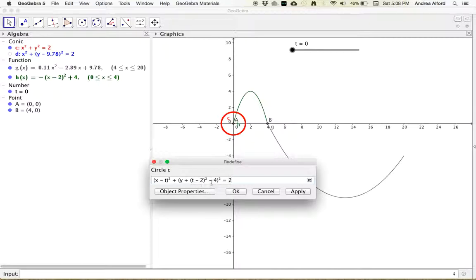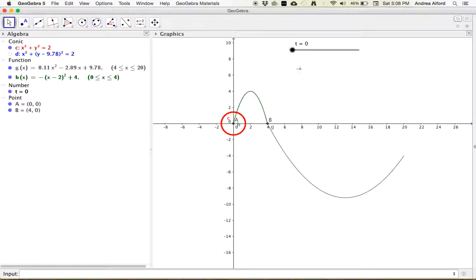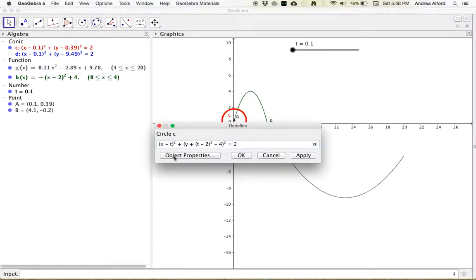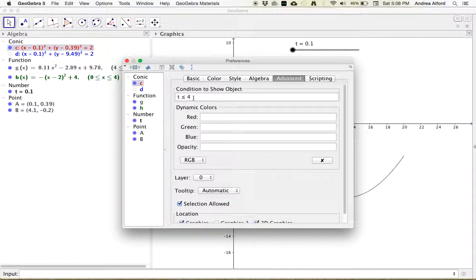I squared that, equals 2. So this is y minus the y coordinate of my point A. That's nice and easy. It just follows along. And I set it, in my object properties, so that it only goes for t less than or equal to 4.